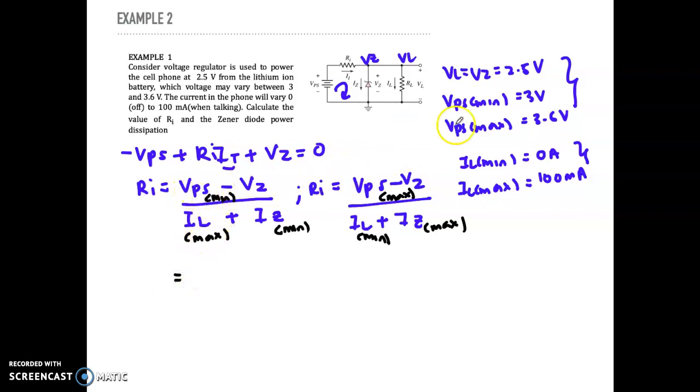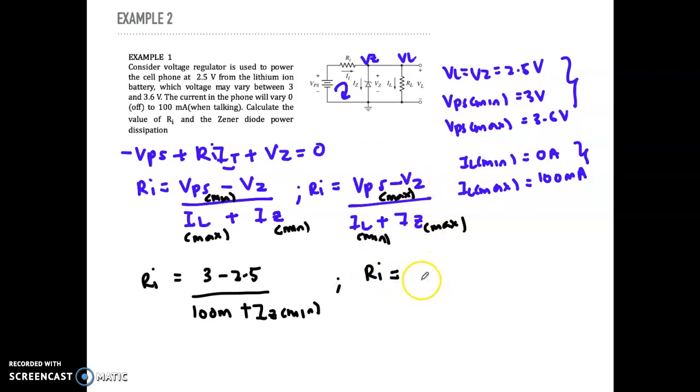You are given VPS minimum here is 3, your VZ is 2.5, IL maximum is 100 milli, plus IZ minimum is not given. So this is Ri. Another equation: Ri equals VPS maximum, 3.6, minus 2.5, over IL minimum, which is 0, plus your IZ maximum, which is not given.